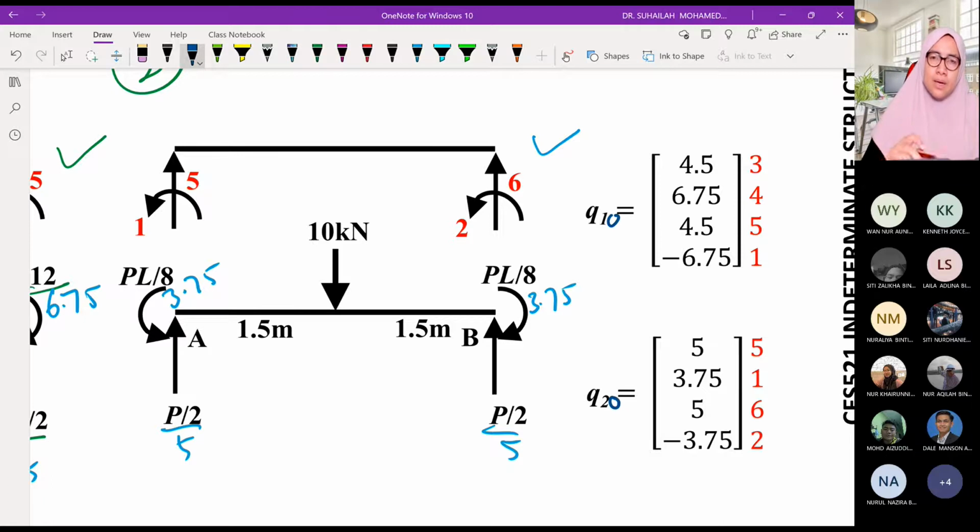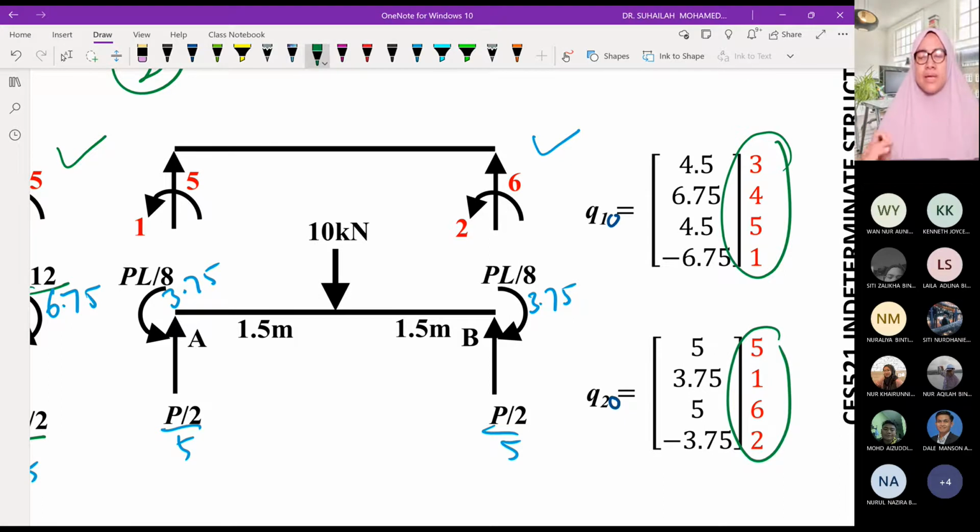So the position of degree of freedom is just like K. So for element number 1, the position will be 3451. And for element number 2, the degree of freedom position is 5162. Okay, that's the position. Same like K1 and K2.